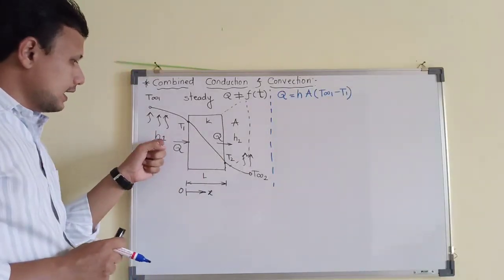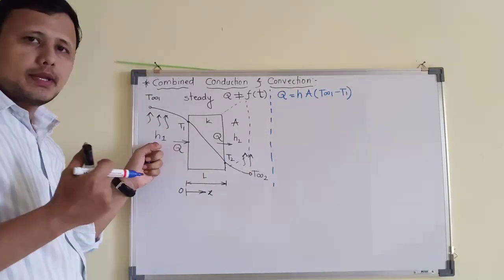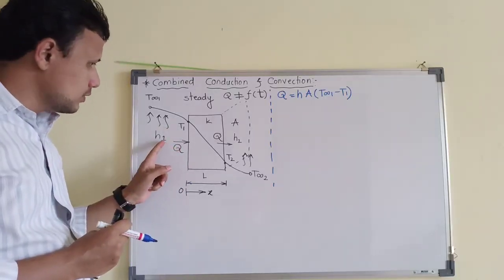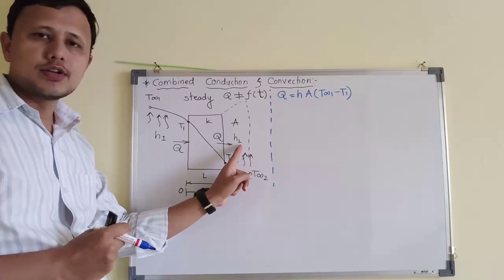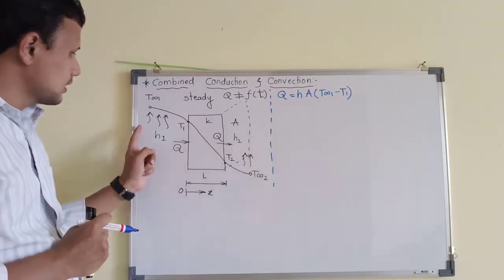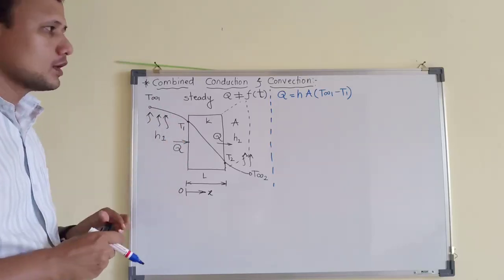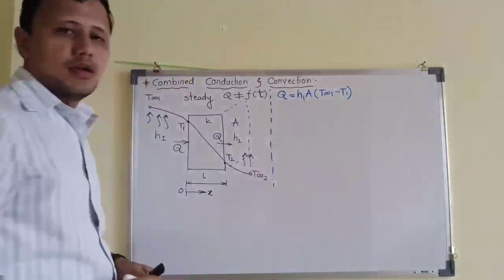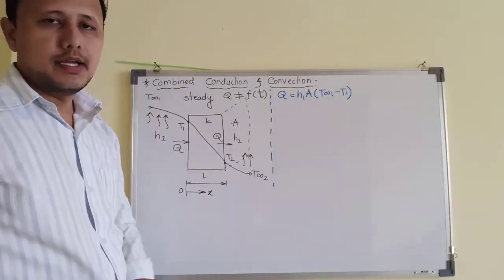Also, like I said, heat transfer coefficient is a complicated property. It depends on many parameters. So this value of h1 will be different than this value of heat transfer coefficient h2, because conditions here are different, conditions here will be different. So that's why this is h1 into A into T infinity 1 minus T1.